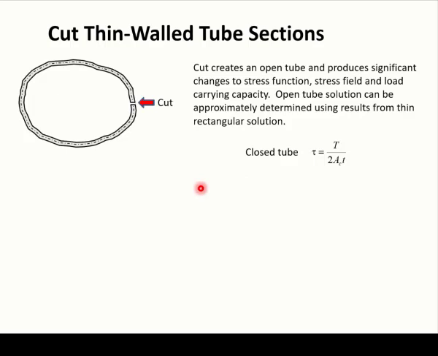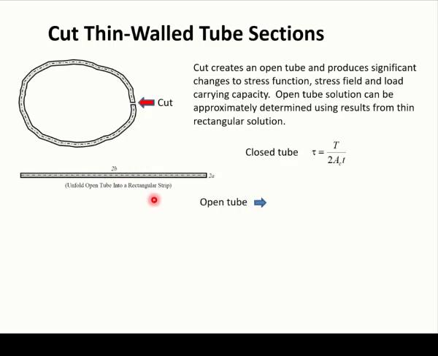And then for the open tube solution, what we need to assume is that we just unfold this, so it looks like a rectangular cross section. In this case, for a rectangular cross section, these are the equations we get. I find my maximum shear stress at this area, and the torque is given by this equation.